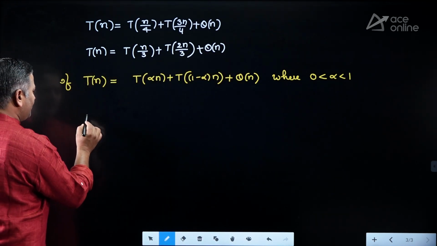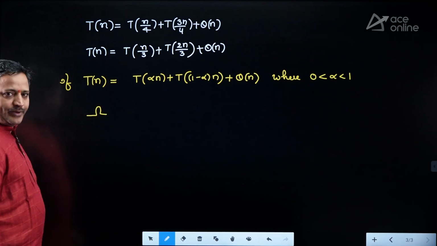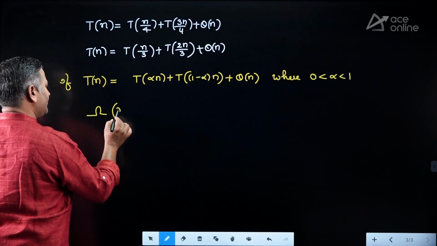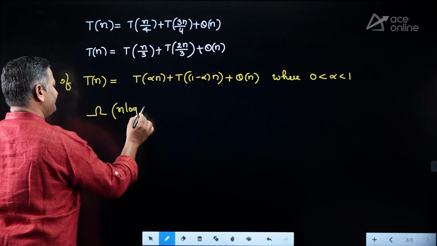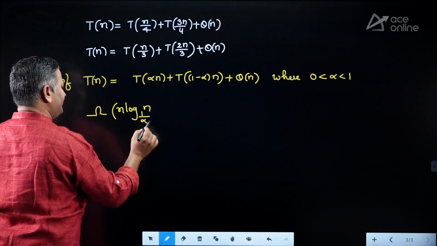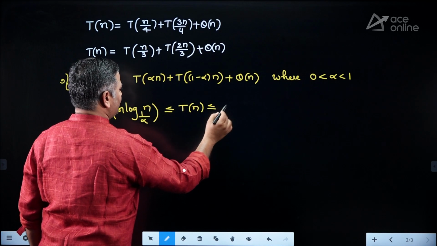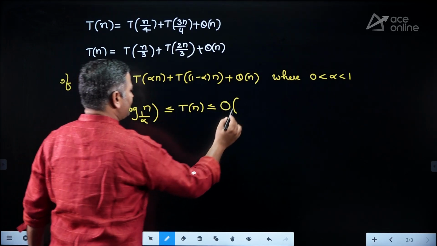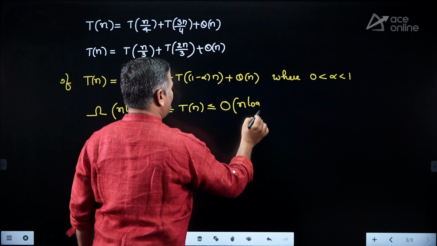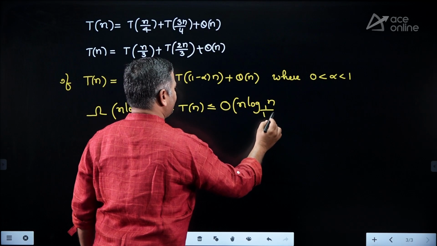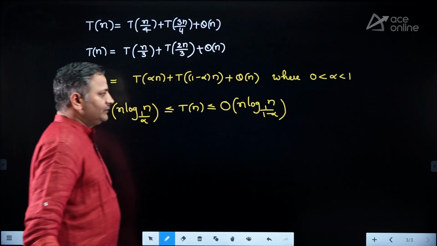In that case the minimum time required is omega of n log n base 1 by alpha, less than or equal to T of n, less than or equal to the maximum time required, which is order of n log n base 1 by 1 minus alpha. That is a formula, friends.